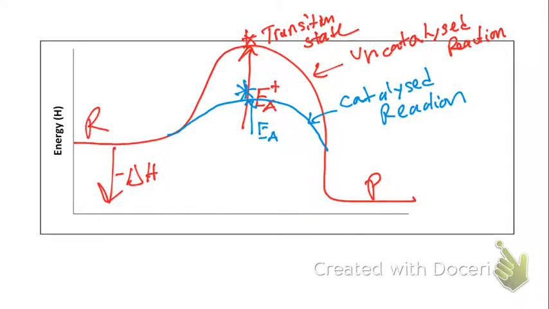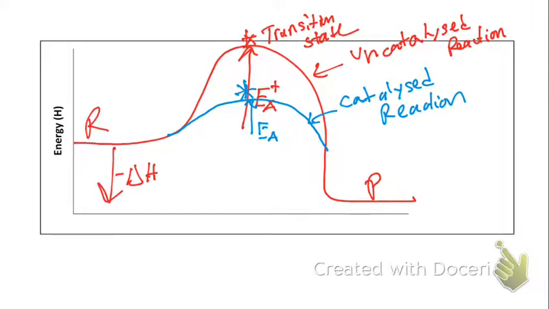These two transition states are not the same. They're different from one another, because as was stated before, usually a catalyst is going to find an alternative pathway that produces a transition state that's more stable than the normal pathway. And that way it lowers the activation energy barrier.